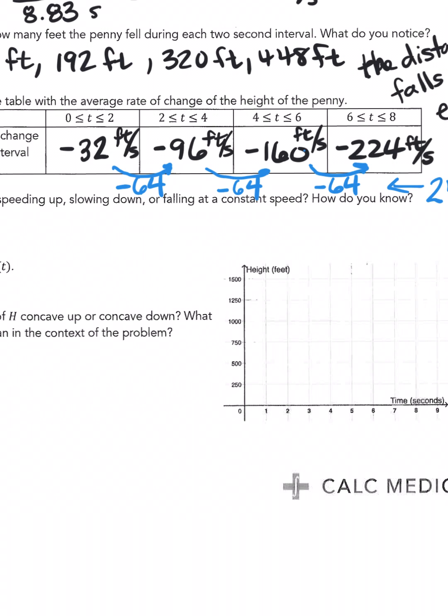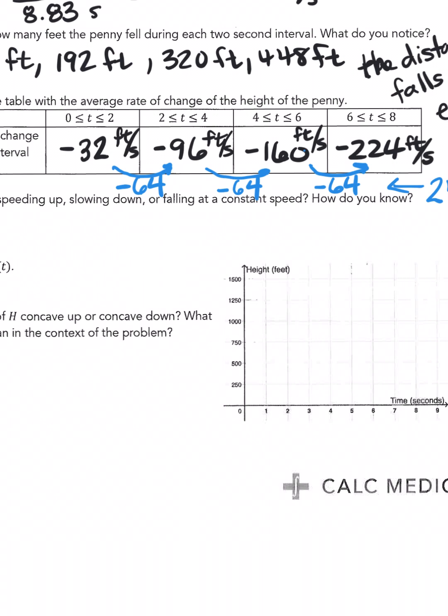Does that make sense? If the first difference is constant, then it is first degree, which is linear. If the second difference is constant, then it is second degree, which is quadratic. If the third difference is constant, then it is a third degree polynomial, which is cubic, and so on and so forth, okay?